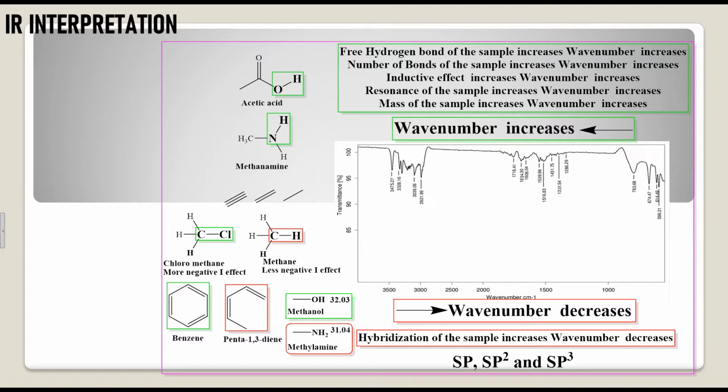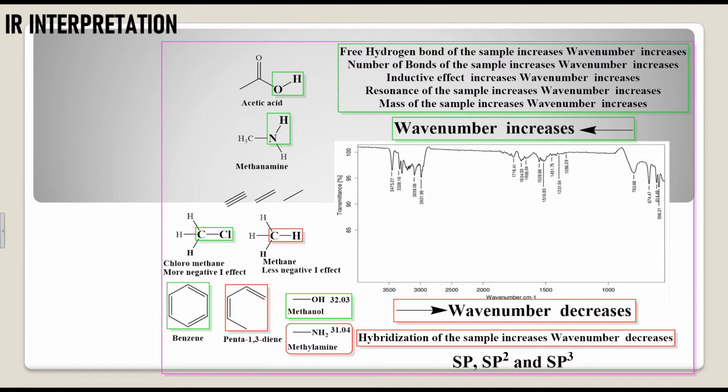If the sample has resonance, take benzene: when compared to penta-1,3-diene, benzene's resonance is high, so benzene's wave number is high. When compared to methylamine, methanol has higher molecular weight or higher mass due to oxygen, so methanol's wave number is high when compared to methylamine.